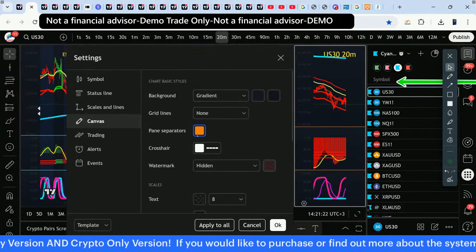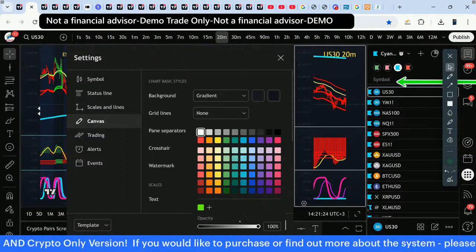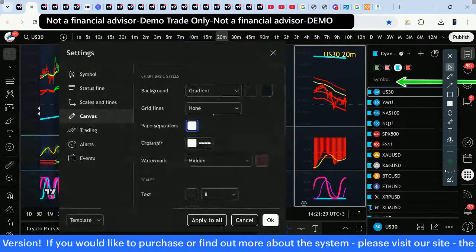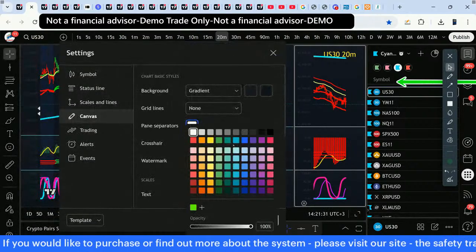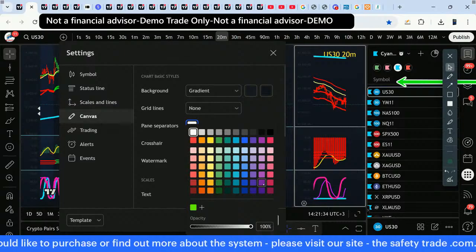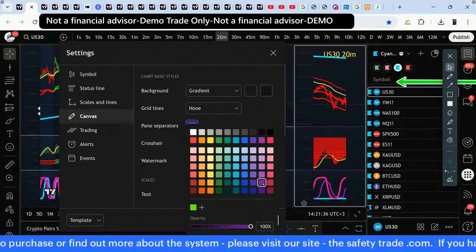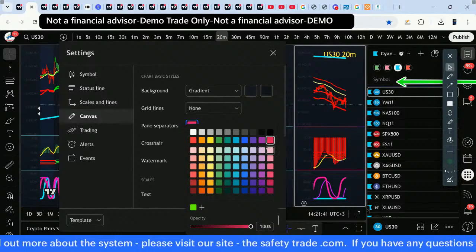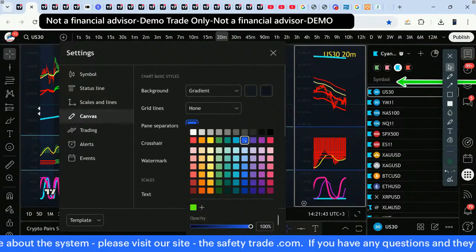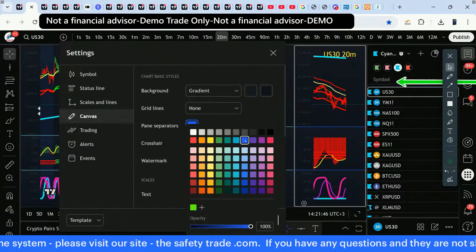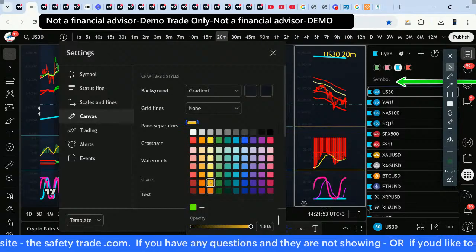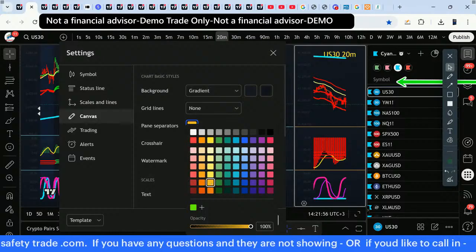Can we make that thicker? Opacity. No, we cannot make those thicker. Pane separators. Purple. Yeah, that'll work. Pink. No, can't do that. Dark blue. Maybe a yellow. Yeah, that'll work.